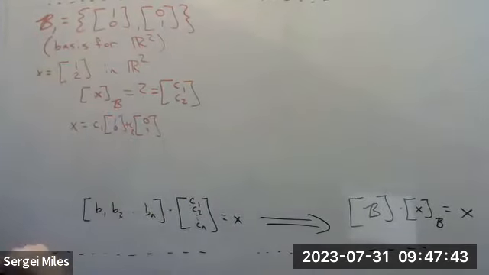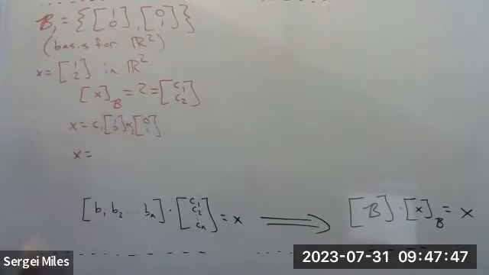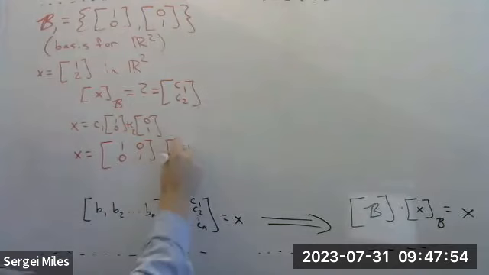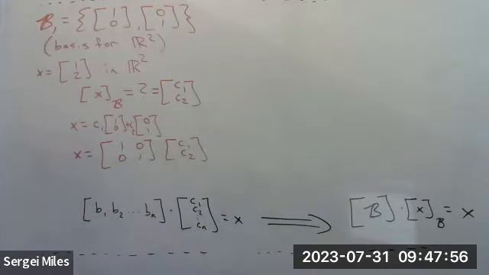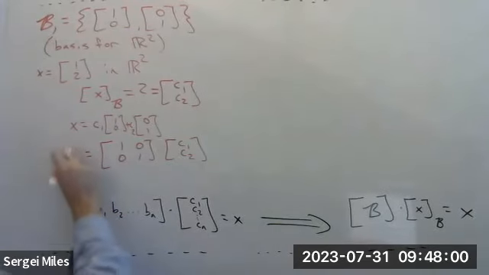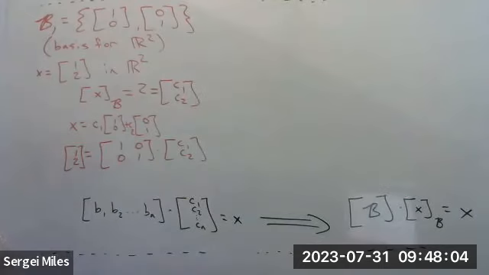But this question, this is a linear combination. This can be rewritten as matrix multiplication. Can be rewritten like this, right? Where X is this vector 1, 2, right?